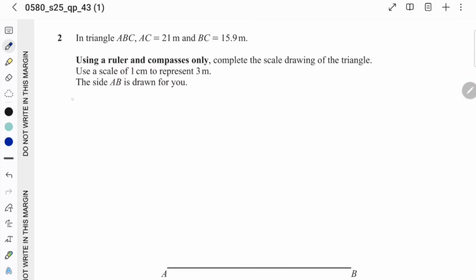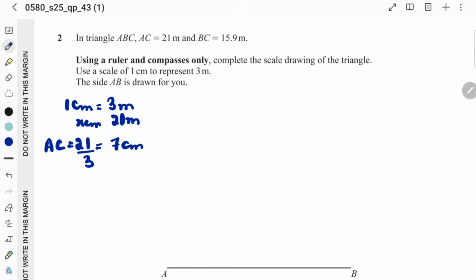Here 1 centimeter equals 3 meters is the scale. For AC, 21 upon 3 equals 7 centimeters.